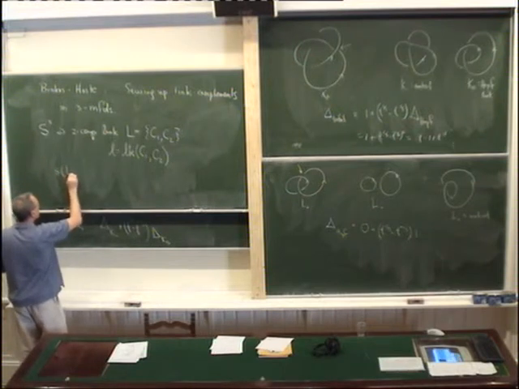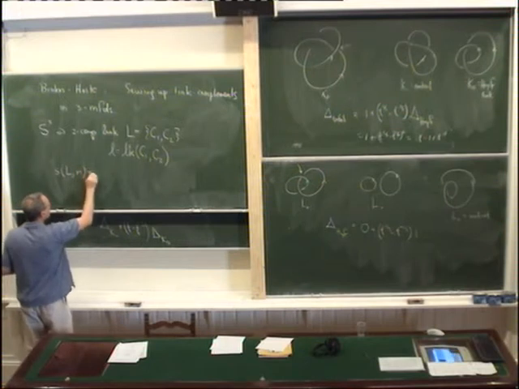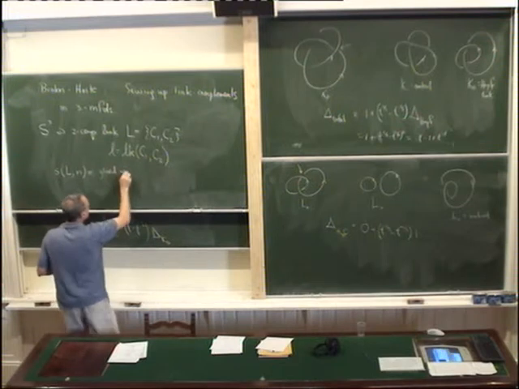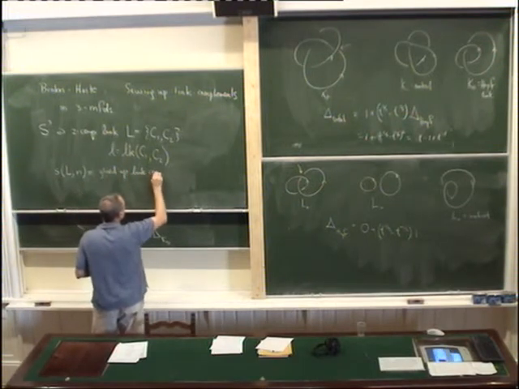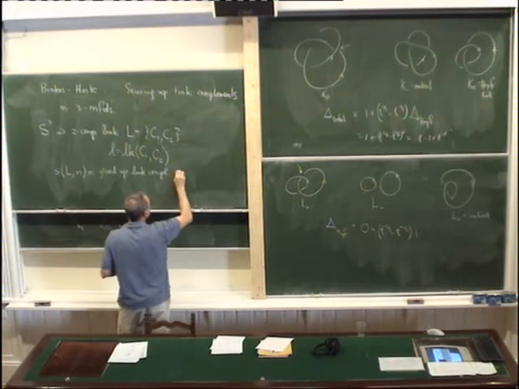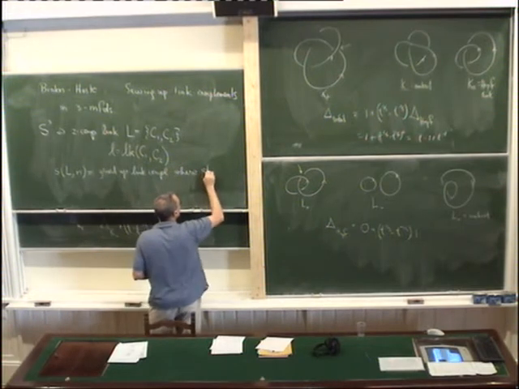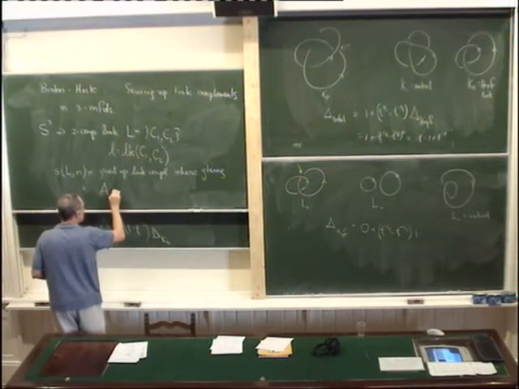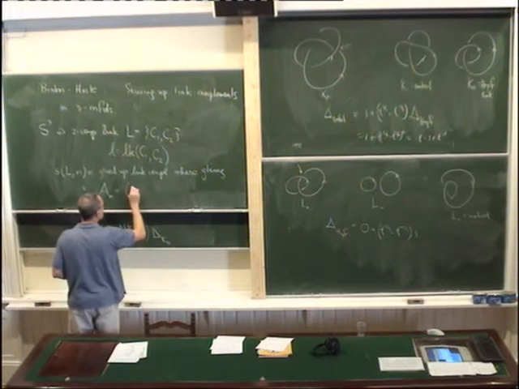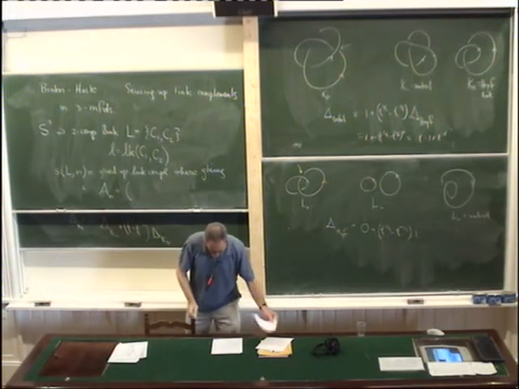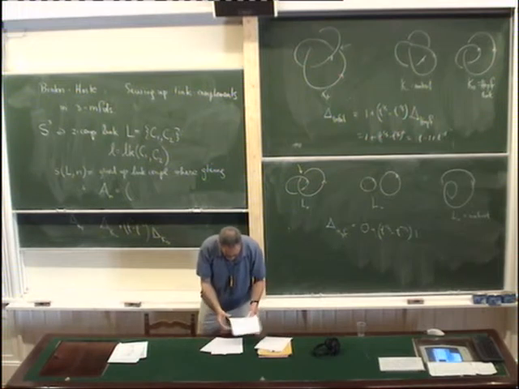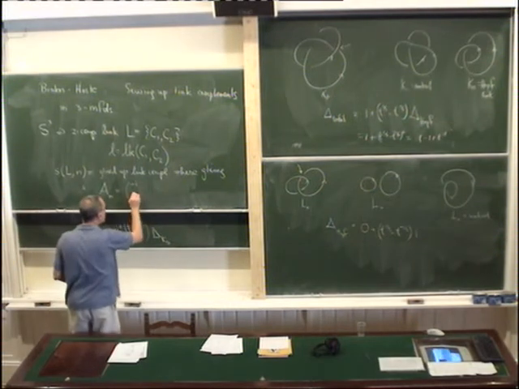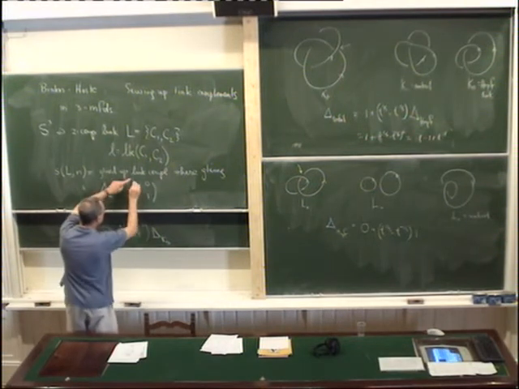So let S(L_n) be the glued-up link complement where the gluing matrix is the matrix A_n, which is, I think, (n, -1; 1, 0)... where this is the longitude piece.